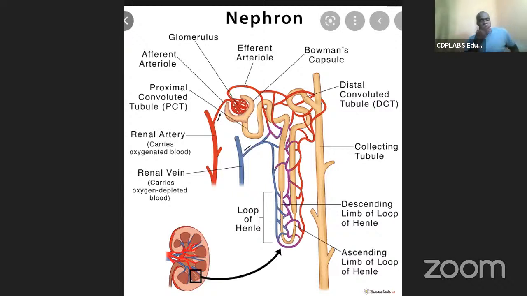The movement of water across the membrane takes place mostly in the loop of Henle, but there's a hormone that's also involved. Right? The antidiuretic hormone.